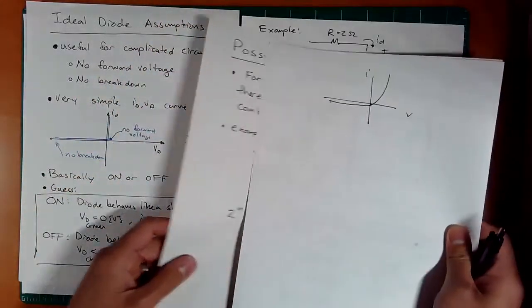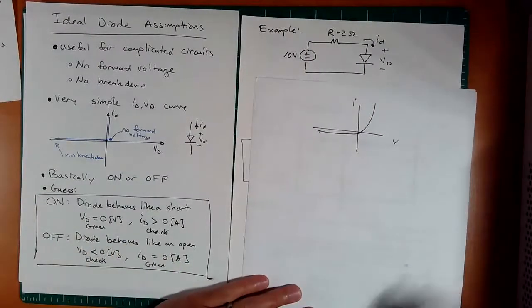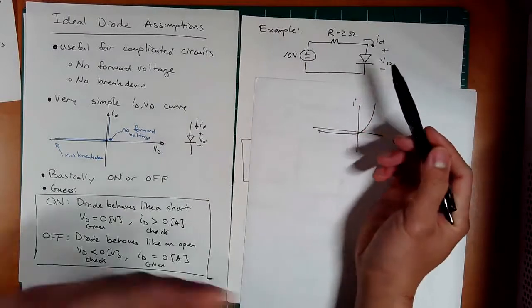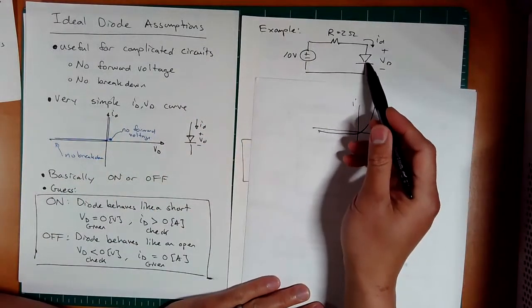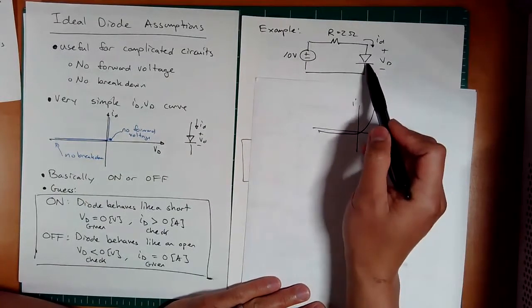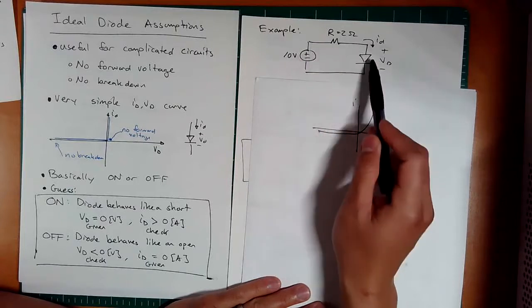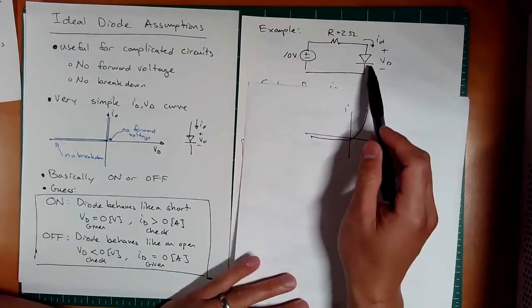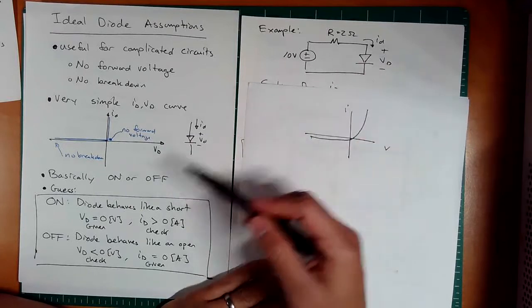Okay, so let's do a simple example with this ideal diode assumption. We have one diode here, which means we have only 2 states that it could be in, right? 2 to the 1 is just 2. Now, what should we assume? Well, we've got a voltage here, a resistance. We see this current. It's probably on, right? But what we're going to do is go the dumb way and just check off.